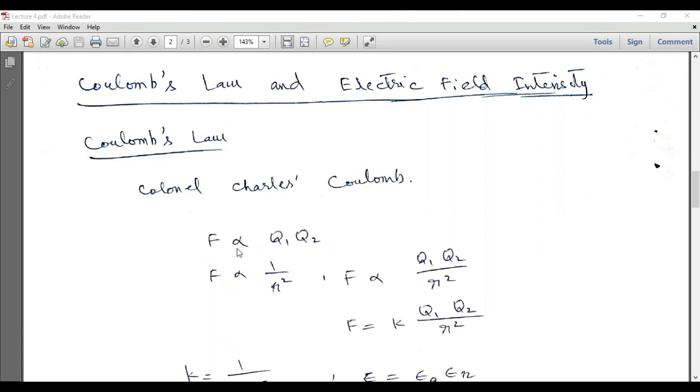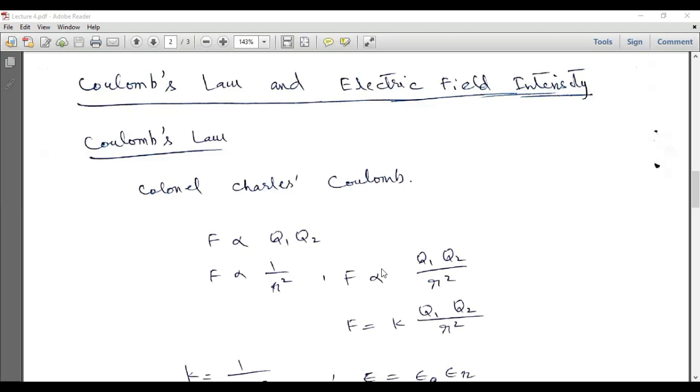According to Coulomb's experiments, the electrostatic force between two static charges is proportional to the product of the magnitudes of those charges, and inversely proportional to the square of the distance between them. By combining these two relationships, we can say that F is proportional to Q1 Q2 over R square.